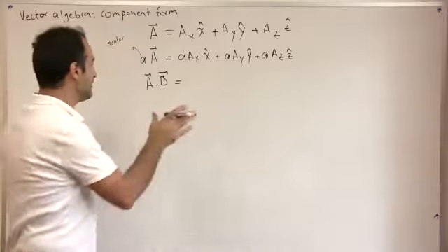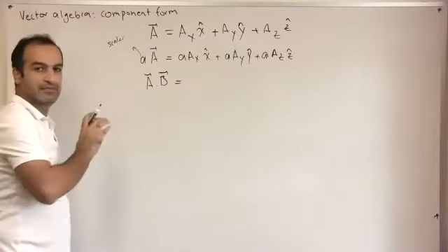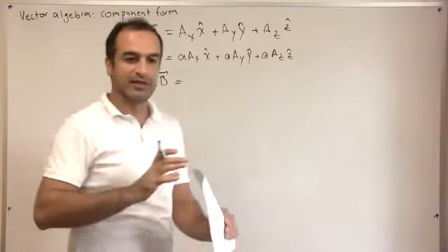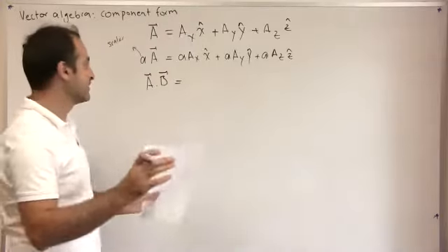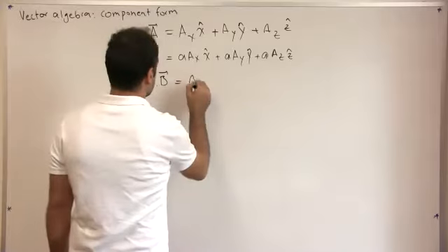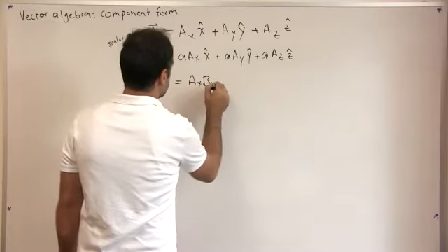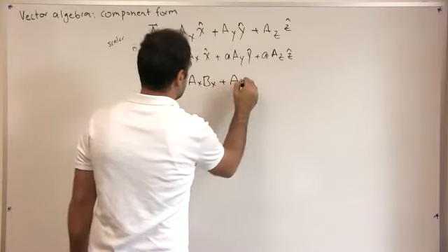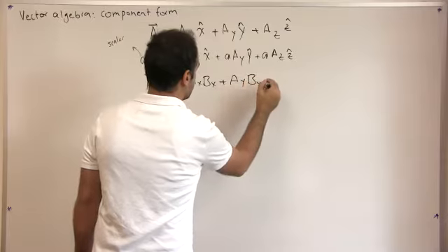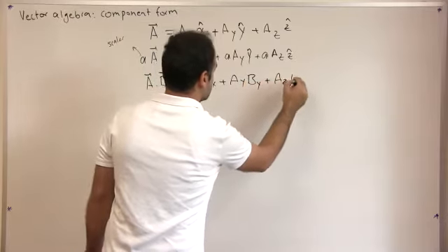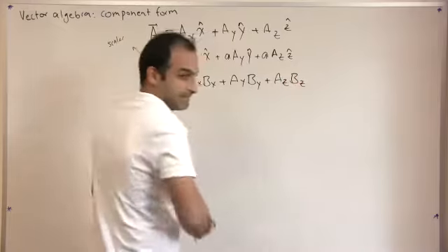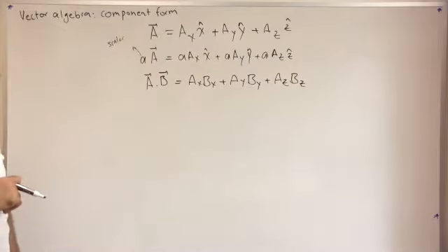The outcome of the dot product is a scalar, so you just add them up, there is no direction associated with that. So it becomes AxBx plus AyBy plus AzBz. Sounds good?